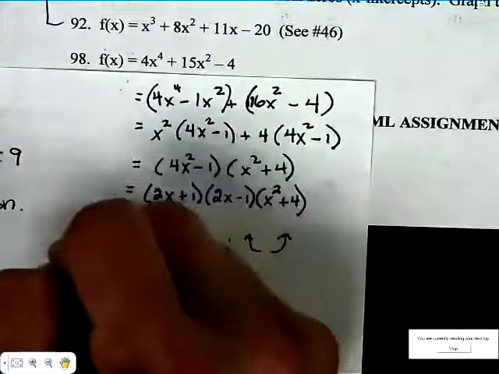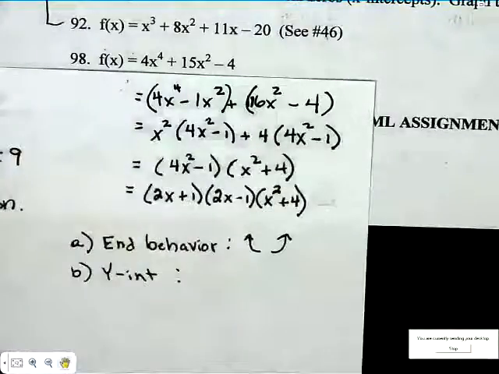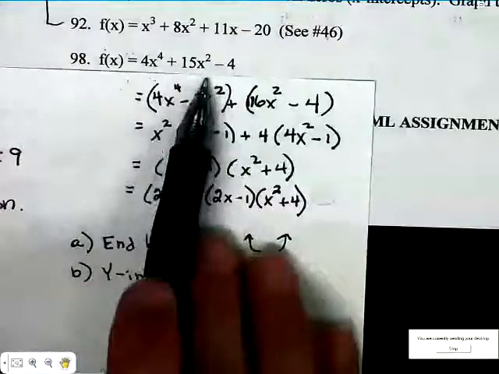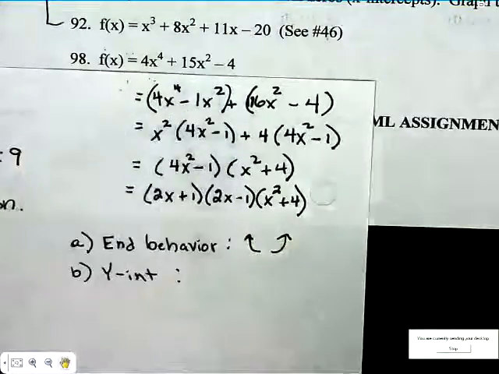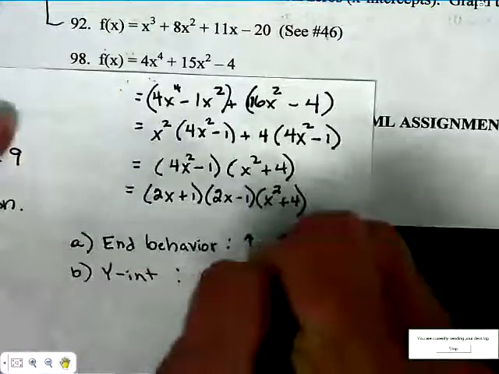It's also easiest to get the y-intercept from the original function, because in the original function, if I let both of those x's be 0, my y-intercept would be what? Negative 4.